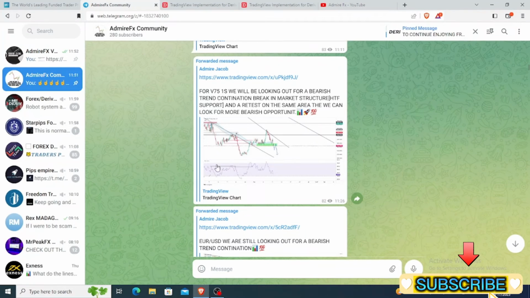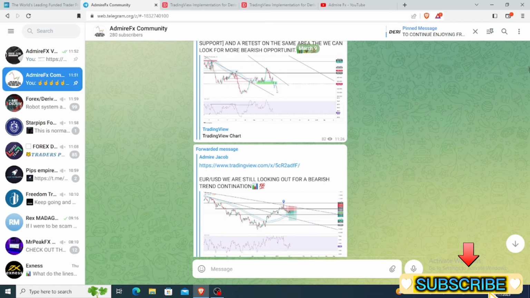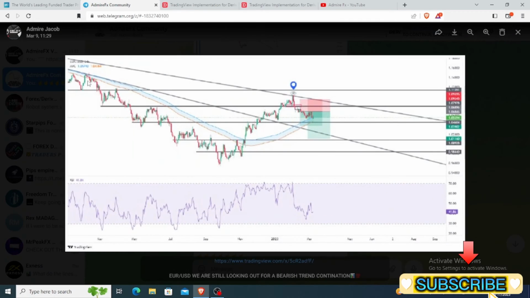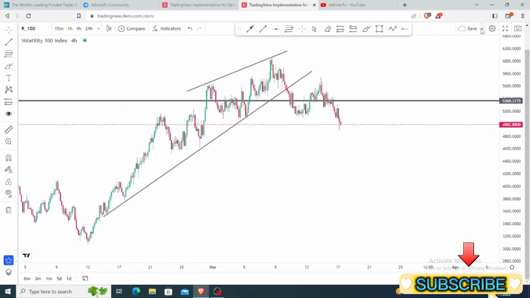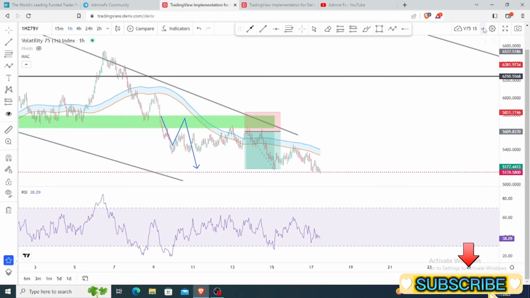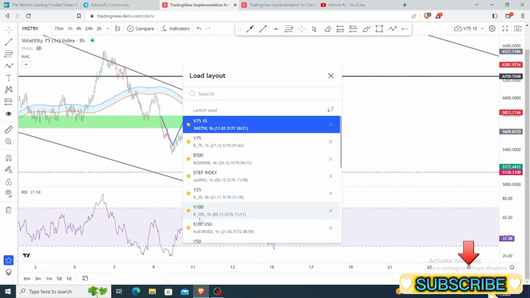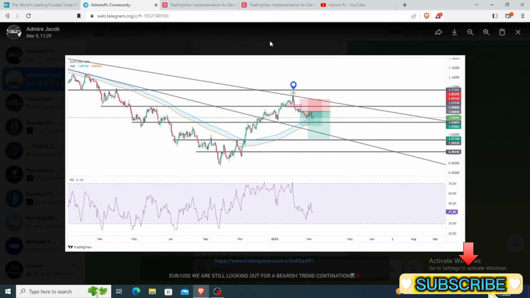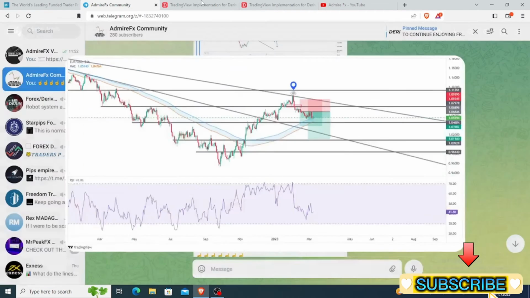So let's look at the next trade. Same thing even for the currency pairs. Euro USD has really been a nice pair in which we traded. So let's see if we can still find it. All these things even happen on synthetic indices or volatility indices.